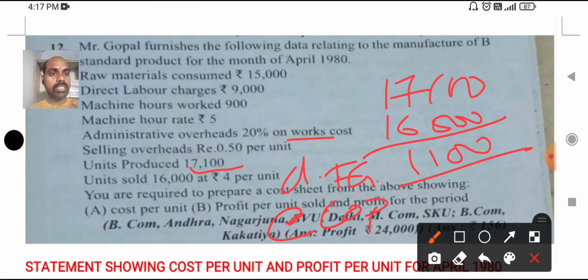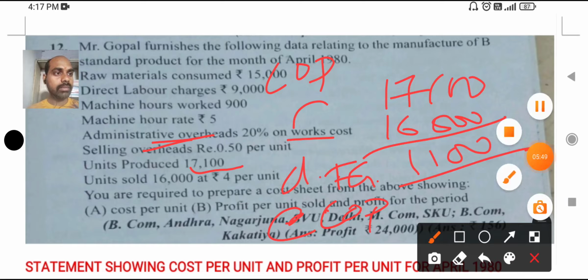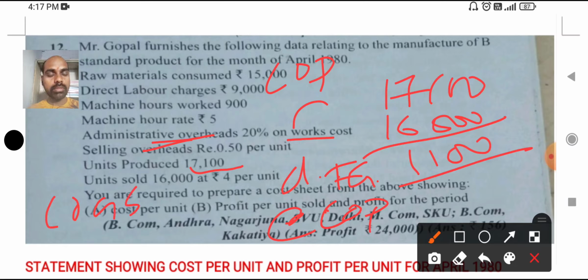After adding administration overheads to the works cost, you will get the cost of production. From that cost of production per unit, we need to calculate the closing finished goods value. If you deduct that, you will get cost of goods sold. To the cost of goods sold you will add your selling expenses, that is selling overheads.